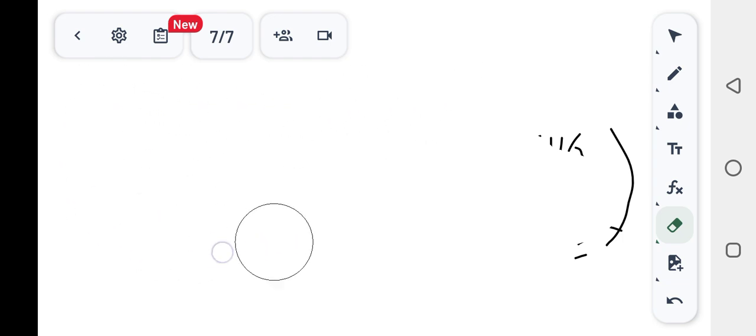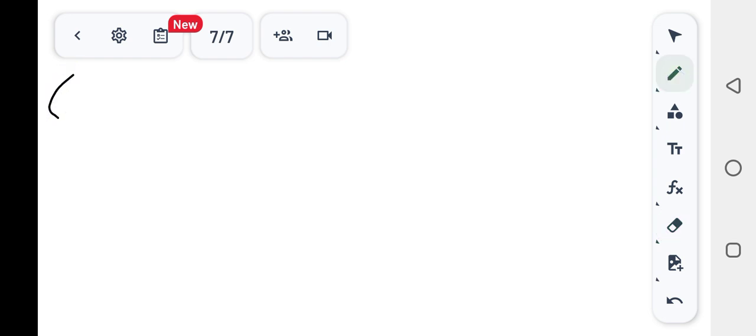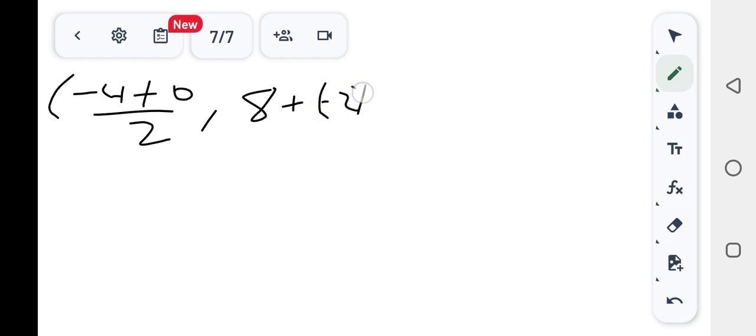So the midpoint will now be ((-4 plus 0) divided by 2, (8 plus -2) divided by 2).